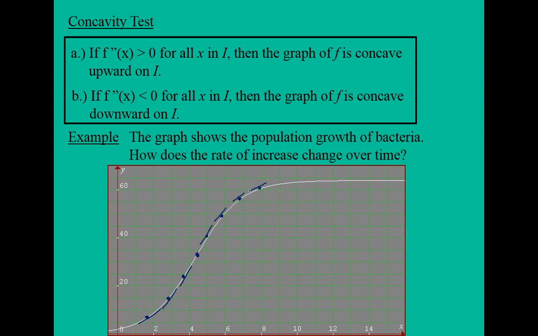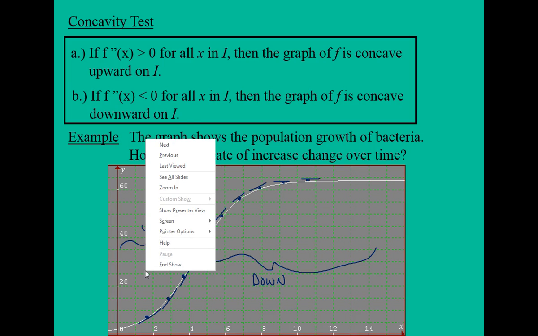So we may say that the graph appears to be concave upward here, and then from here on it appears that it's concave downward, because the tangent lines are above the graph. And we can see it's getting closer to 0. It's leveling off there.